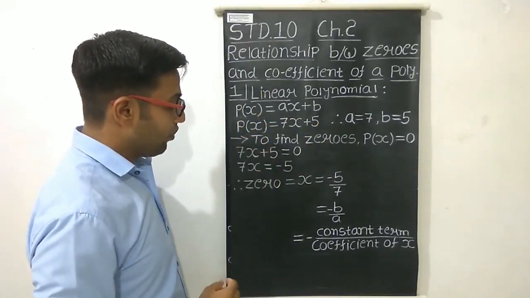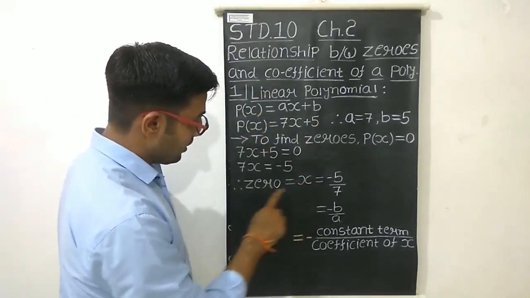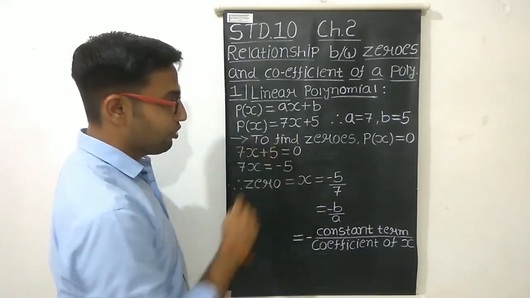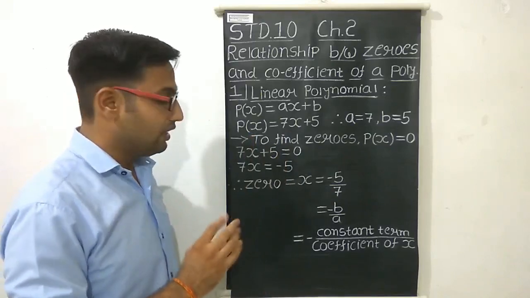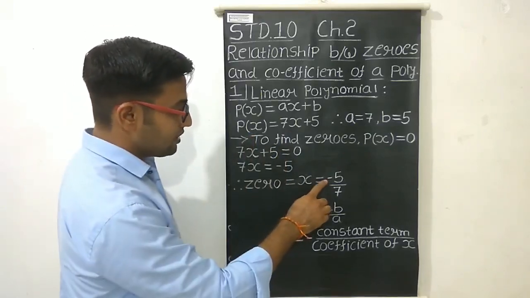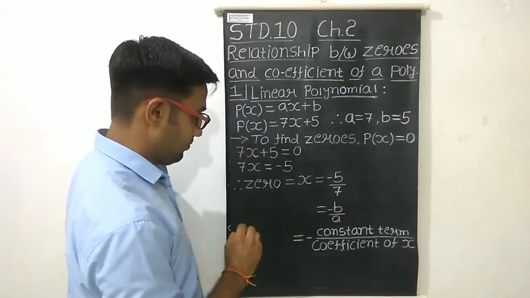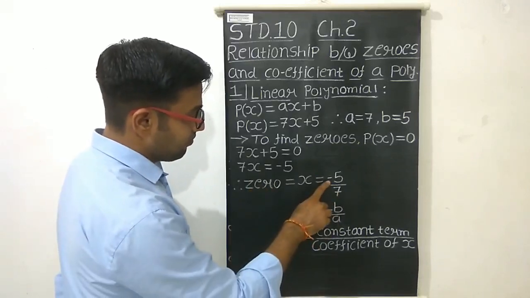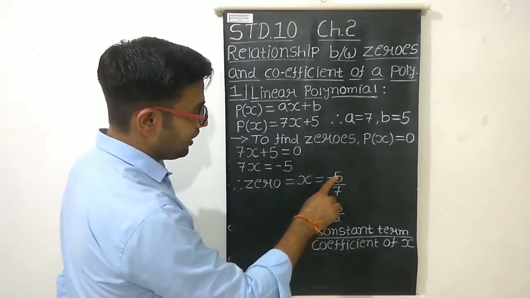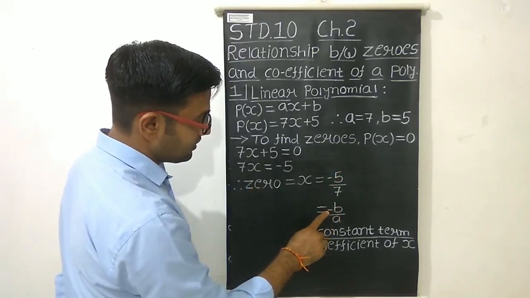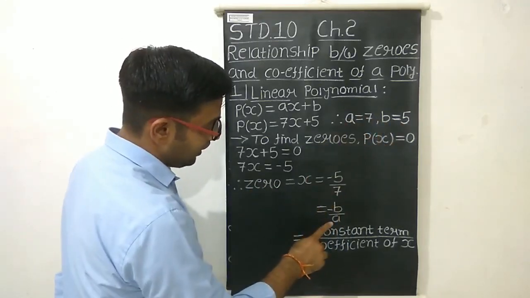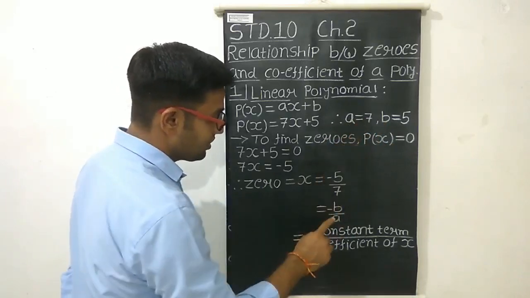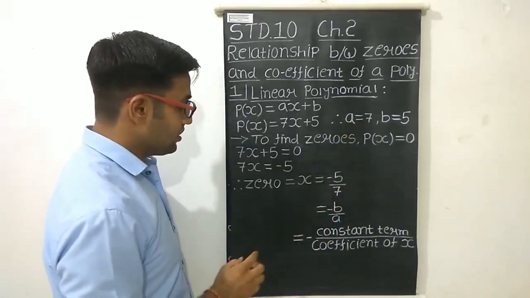This is the zero of the linear polynomial, and we know that a linear polynomial has at most one zero. Now, minus 5 we can write as minus, instead of 5 we write b, and instead of 7 we write a. So what is the relation?